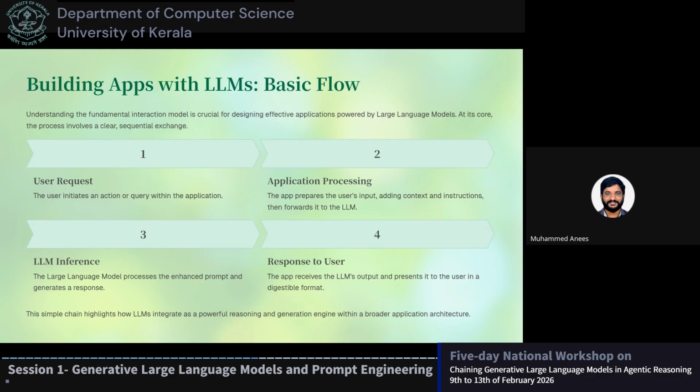So it will fetch the information from the data source and extract the context, and the application will process it, and the LLM will give you the answer. So the basic flow is the user request, then the application processing, the LLM inference, and finally the response to the user.